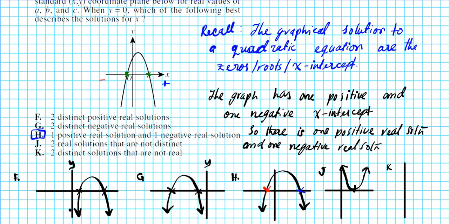So if you have imaginary roots, that basically tells you that you have no x-intercepts at all. What does that look like? Something like this. So here you have two imaginary roots that are distinct. Alright, so if you look at the five cases that we have, option H is our correct answer.